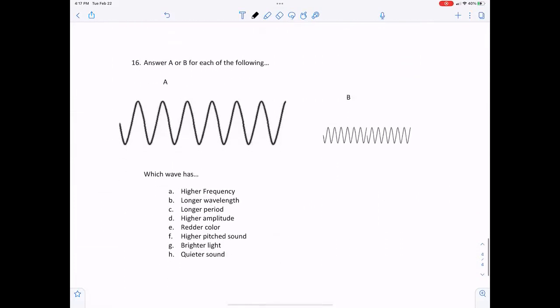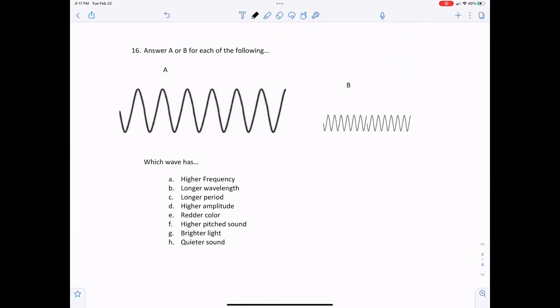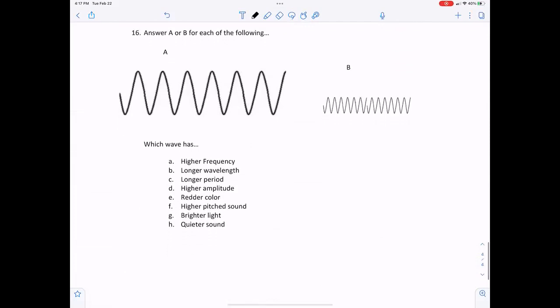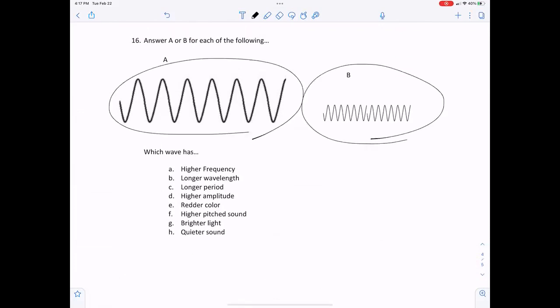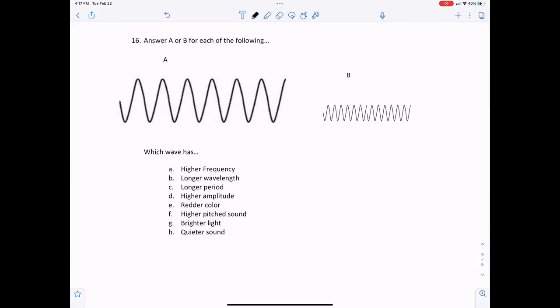And finally, question 16. Answer A or B for each of the following. It's very similar to what we did in number 12. Wave A is over here, wave B is down here. Okay, now if I count these up, these waves are traveling in the same amount of time. I'm just going to count them up real quick. I have 1, 2, 3, 4, 5, 6, a little more than a half, 6 3/4, I guess, of a cycle.